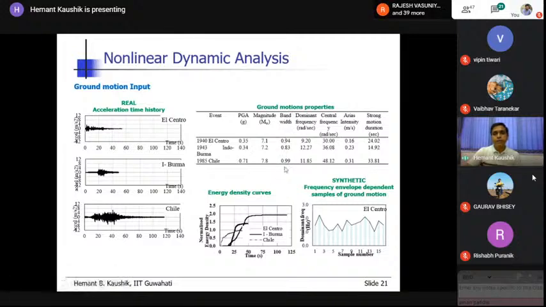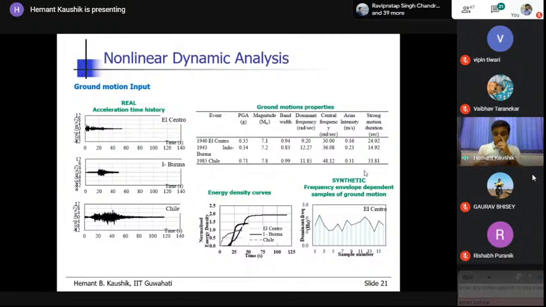See the change in the values here. The ground motions that you consider should have different dominant frequencies. Central frequency is another definition. Arias intensity is another definition. Strong motion duration, you can see the change. All these studies say that you have to consider ground motions with different parameters.